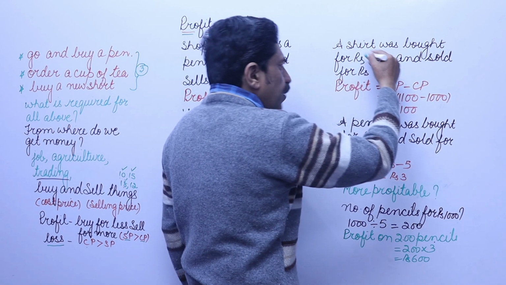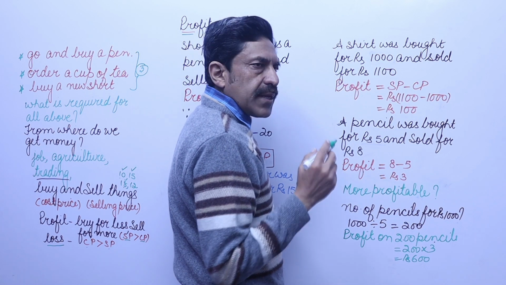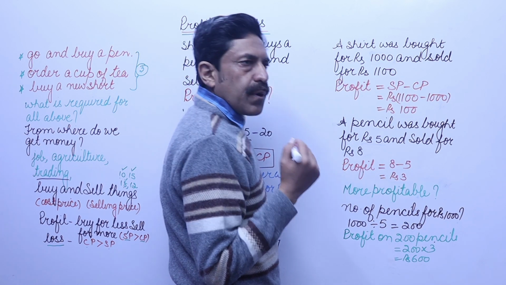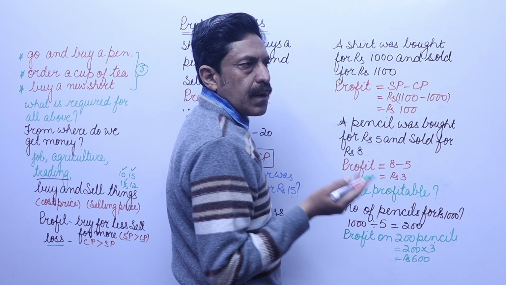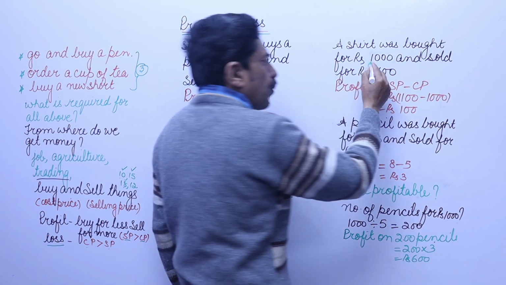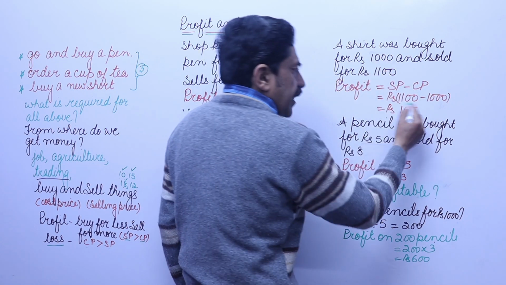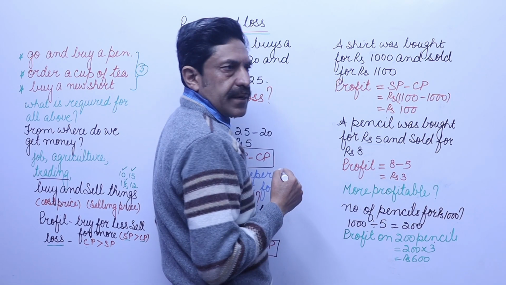Now, is selling a shirt more profitable or a pencil? One thing is, it depends on the number of things sold. But the other aspect is the investment. Rupees 1000 was invested to buy a shirt which gave a profit of rupees 100.